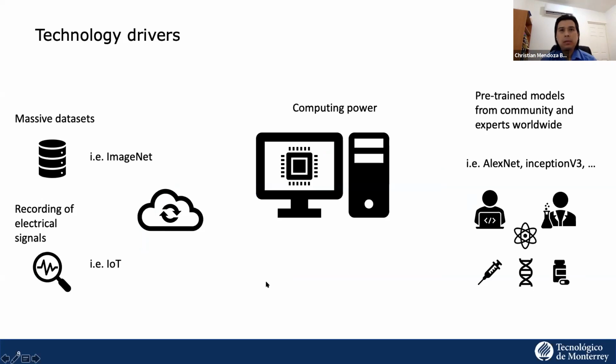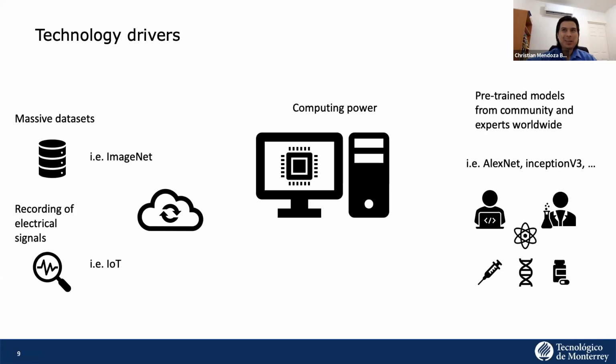Now, let me talk about the technology drivers that are important for the whole picture of how artificial intelligence is being deployed nowadays. As technology drivers, we can say that we have a massive amount of data. Data has been going up. Human civilization is creating more data per year in recent years than in the whole previous history of human activity.